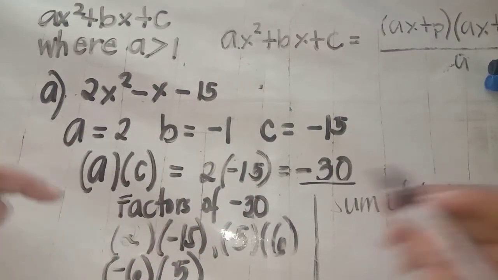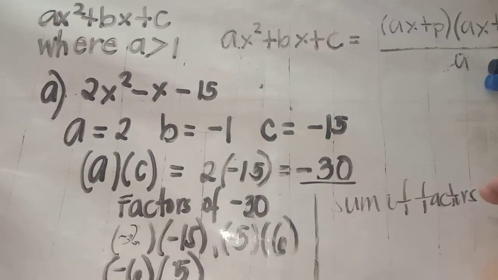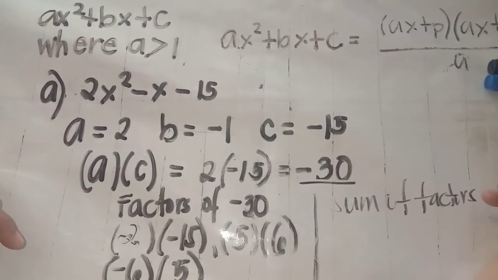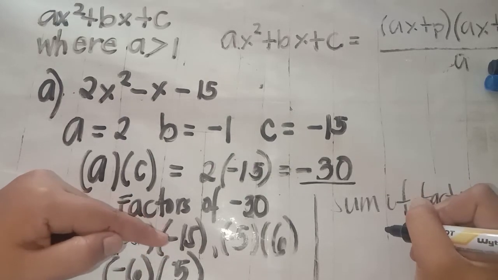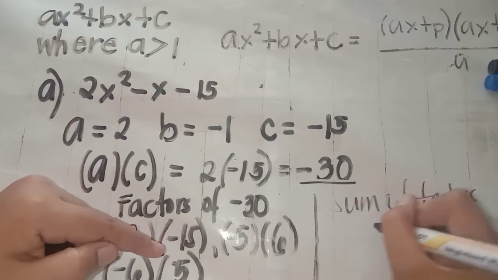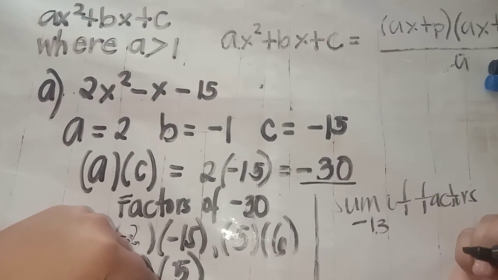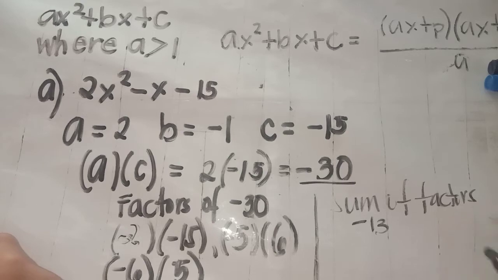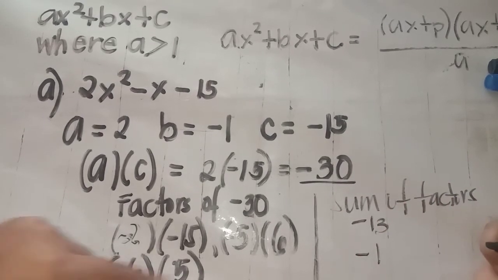So we look for which pair equals negative 1. 2 plus negative 15 gives us negative 13. Negative 6 plus 5: unlike signs, so subtract, then copy the sign of the highest number, so the answer is negative 1.